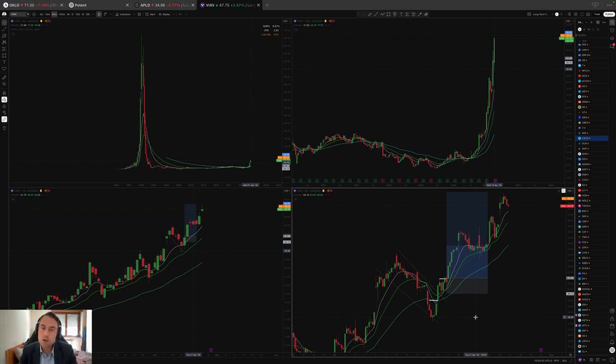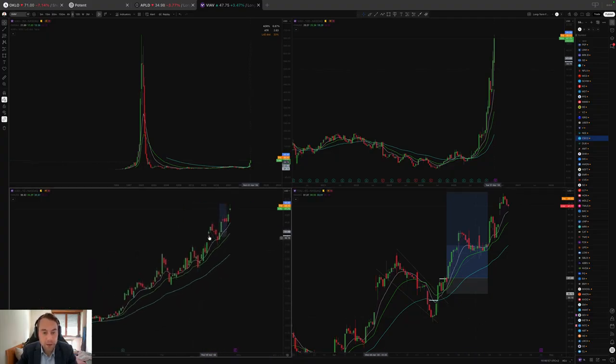And this is where traders get stuck, because in this kind of environment, people are trying to sell, and trying to sell, and trying to sell, but price is still going up. Why? Because we are in a stage two, in a delivery.